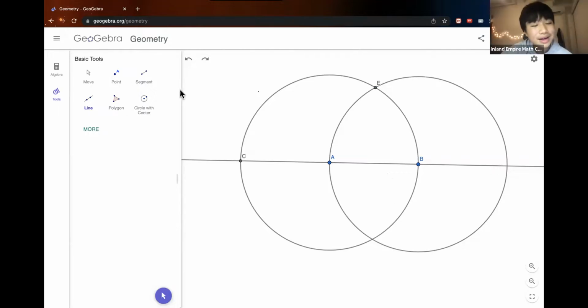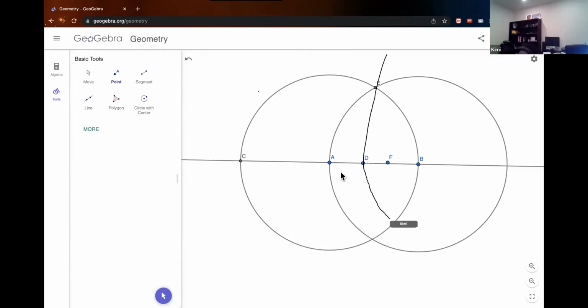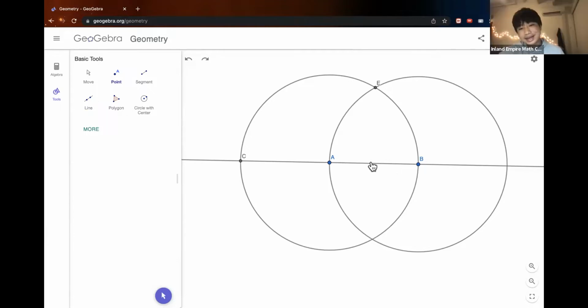Did I? I actually didn't, because first of all, I just chose a random point on here, so you don't actually know if that's exactly the bisector, and if the line that I drew, which was something random like this, is exactly 90 degrees. In fact, you can see it's not exactly 90 degrees.